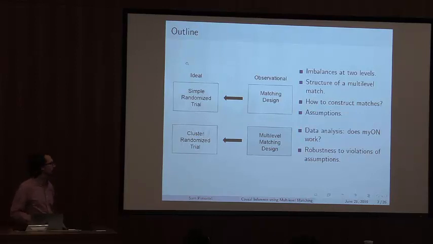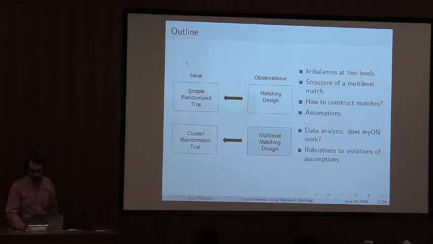And then at the end, I'm going to talk about how this all applies in the Mayan study, and also some analyses we can do to assess robustness to these assumptions, which I think is one of the most important parts of working on causal inference from observational data. So this is the roadmap of where I'm going. Maybe I'll pause here and see if there are any other big picture questions before I dive in.